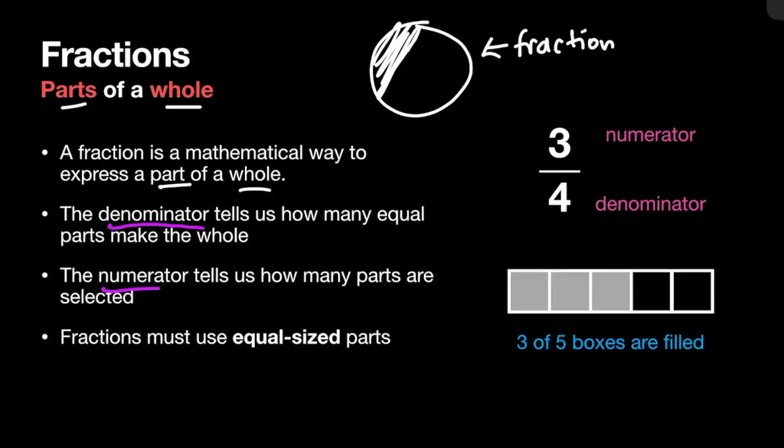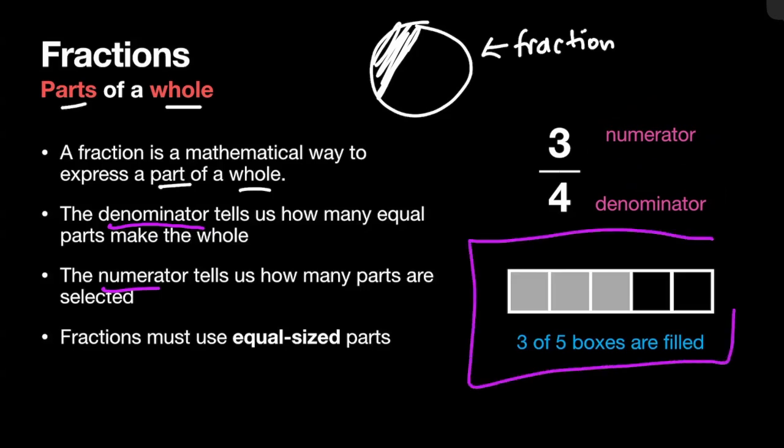So for example, you can see in this example, we have 5 boxes, right? So we have 5 equal parts. So this is one equal part. All of these are equal parts of this rectangle. So 5 will be our denominator, right?